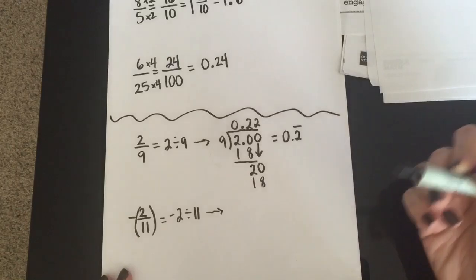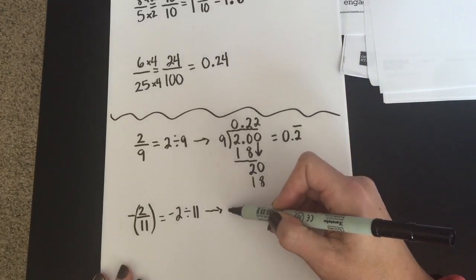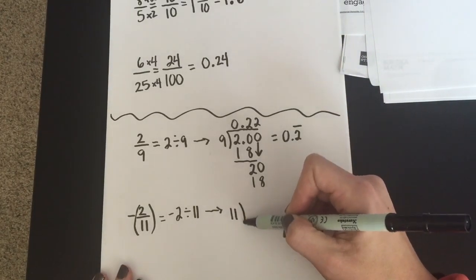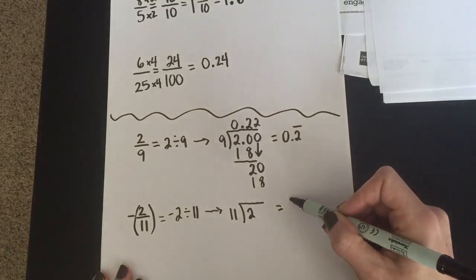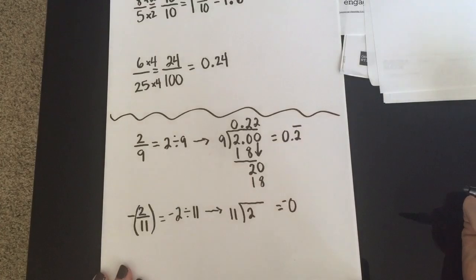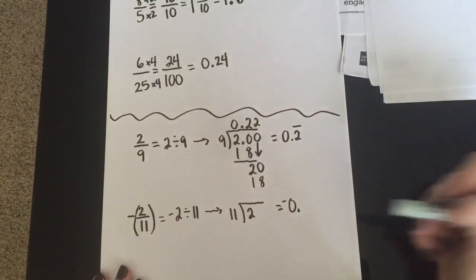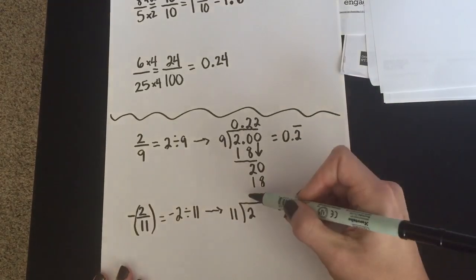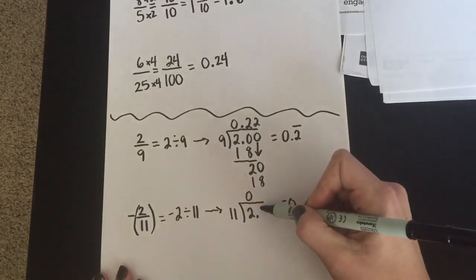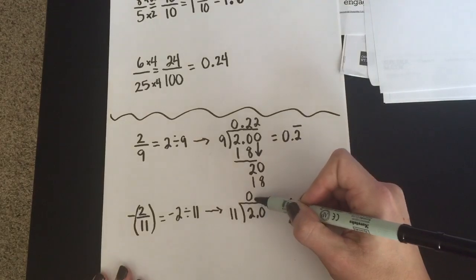I'm going to forget about the negative sign for now. We'll just make sure that it's in our decimal for later. We'll finish filling this out once we're done dividing. So 11 doesn't go into 2. So I add a 0 and a decimal.